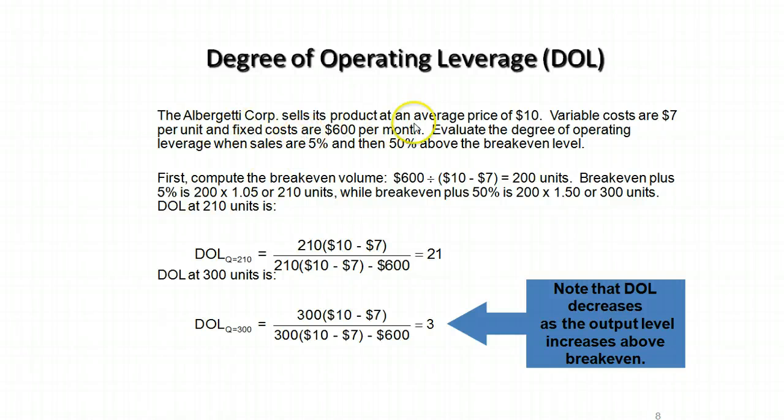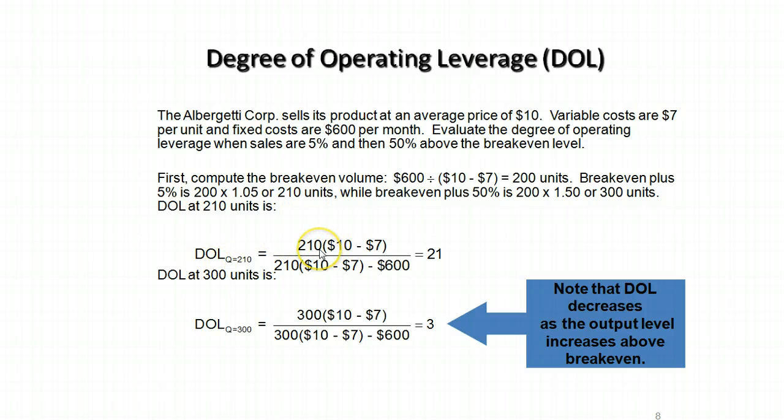Okay, so this company sells products, average price of $10, variable cost 7, fixed costs are $600 a month. Evaluate the degree of operating leverage when sales are 5%, then 50% above break even. So let's do the 5%. First of all, let's calculate what break even is. And break even we determine is 200 units, if we do that formula. So break even plus 5% is going to be 210 units.